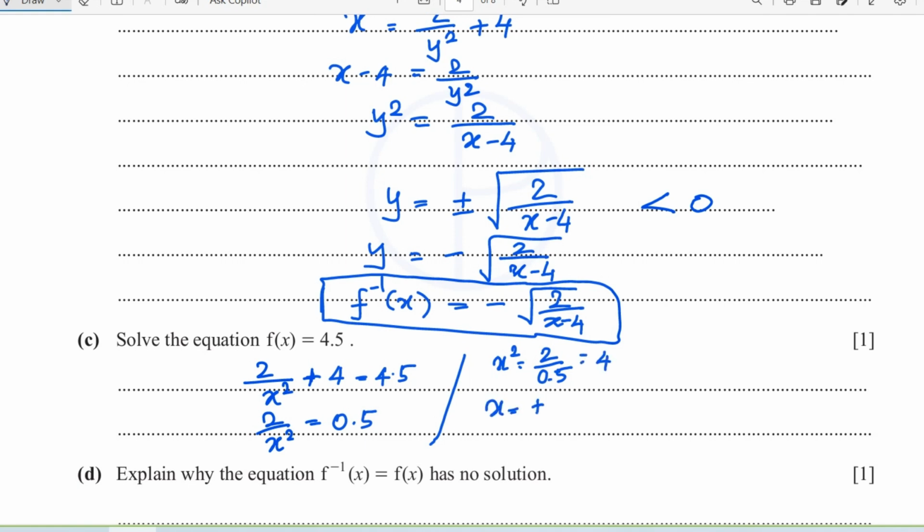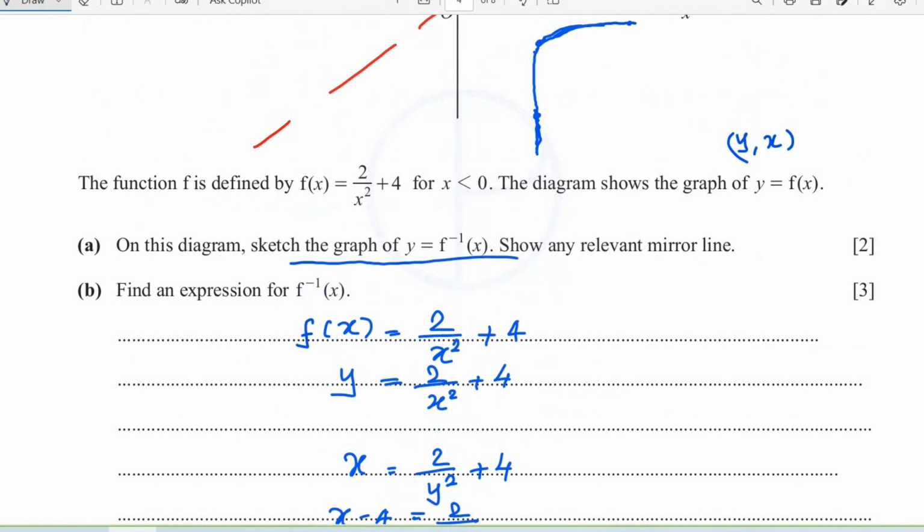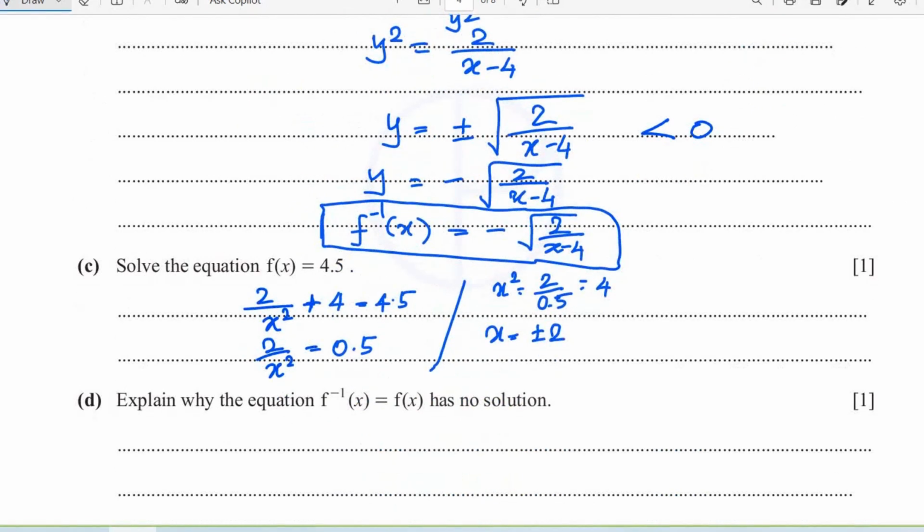So x equal to plus or minus 2. Here it's given x is less than 0. x equal to negative 2 only.